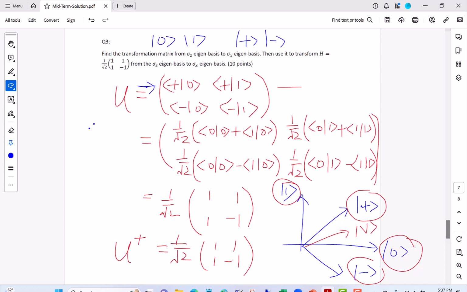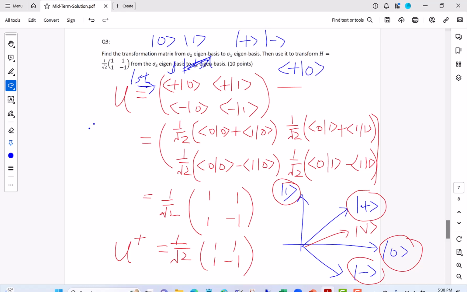Maybe easier. This is the first row and first column, right? Both are first. So what is this? It is the first basis vector of the new basis, which is plus, inner product with the first basis of the old basis, which is 0.